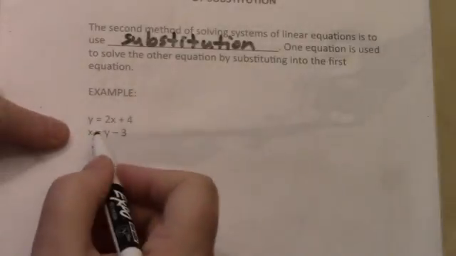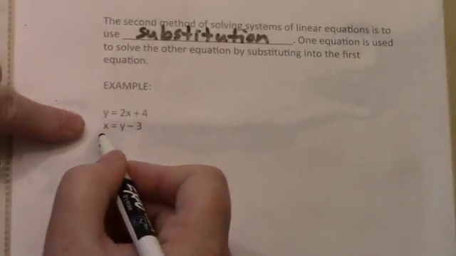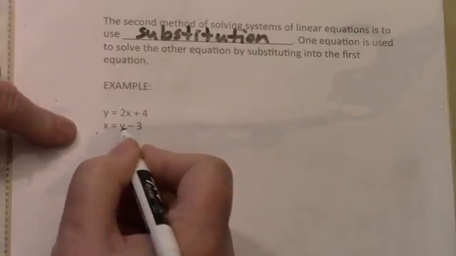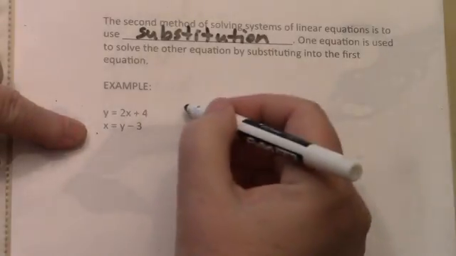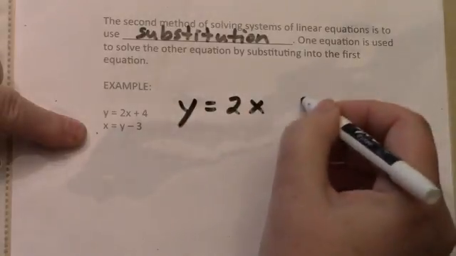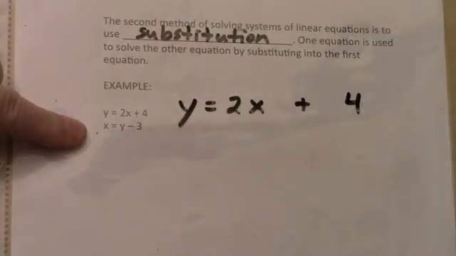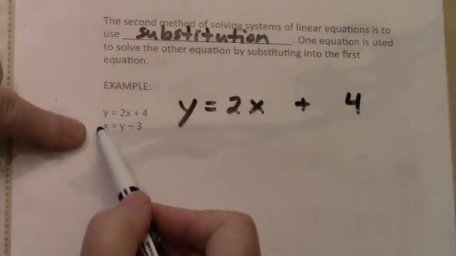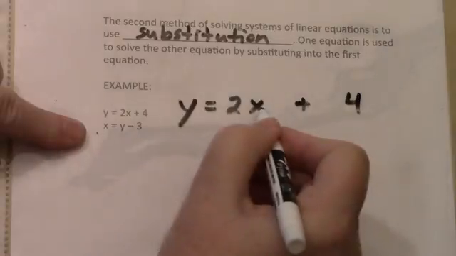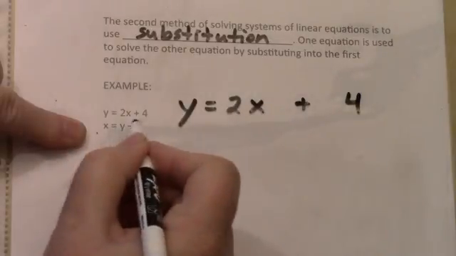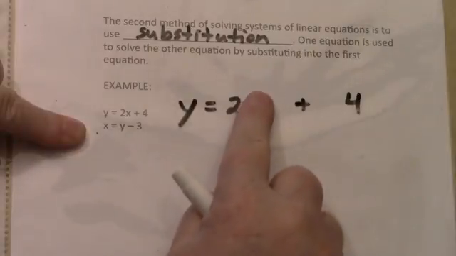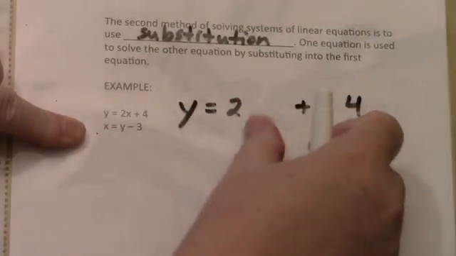So our second equation is telling us what x equals. X equals y minus 3. So let me rewrite our first one, y equals 2x plus 4. Now, if I substitute this equation in here, well, instead of x, if they're telling me that x equals y minus 3, I'm going to substitute that in.